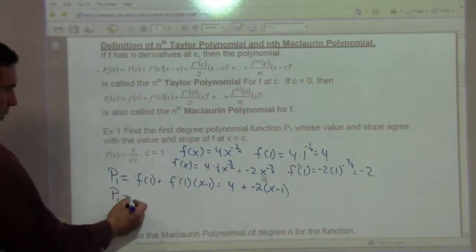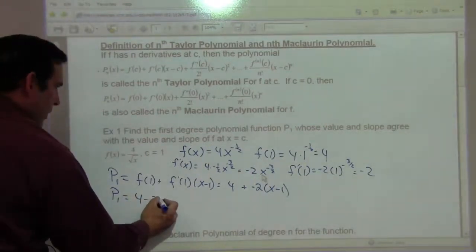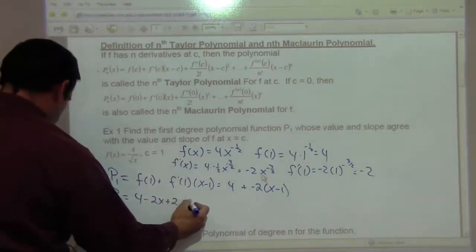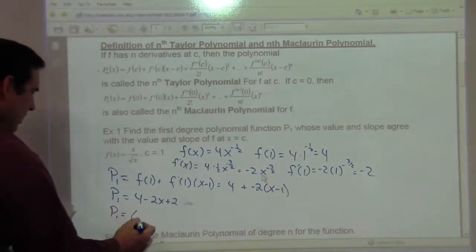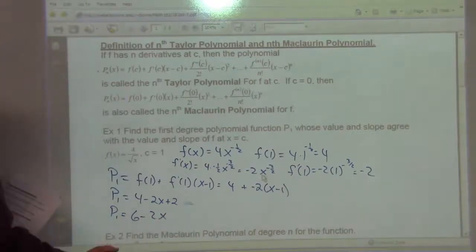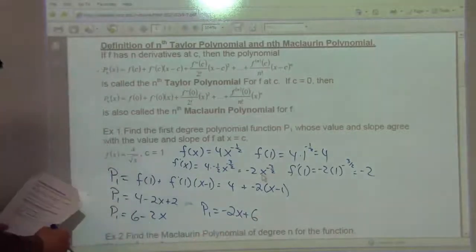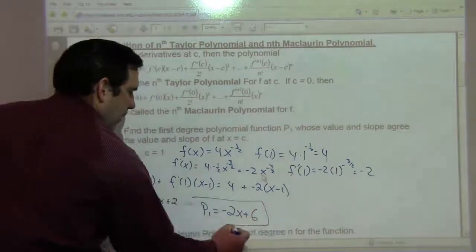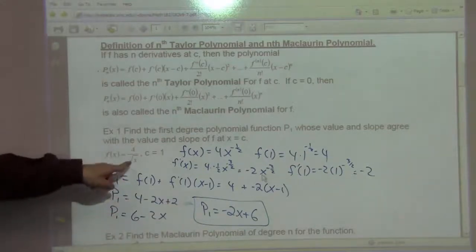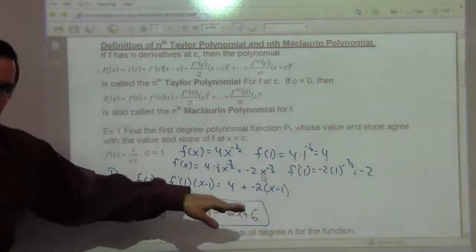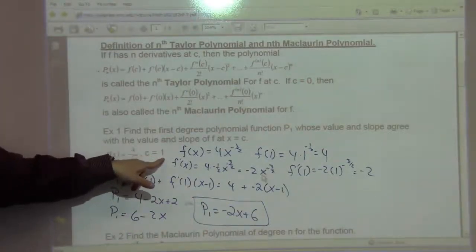So our p1 would be 4 minus 2x plus 2, which is 6 minus 2x. Or you could say p1 equals negative 2x plus 6. And that's it. That'd be a 1 degree approximation of this function. So this is a linear approximation of this function around 1.